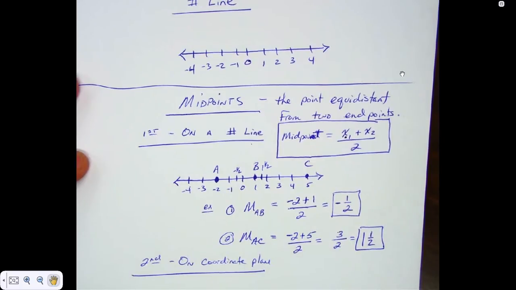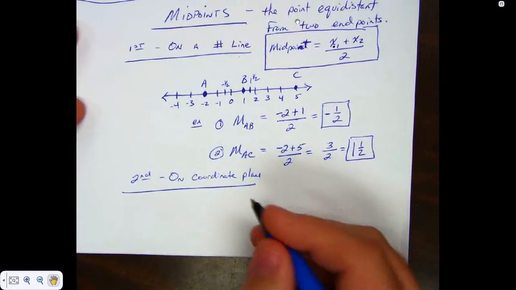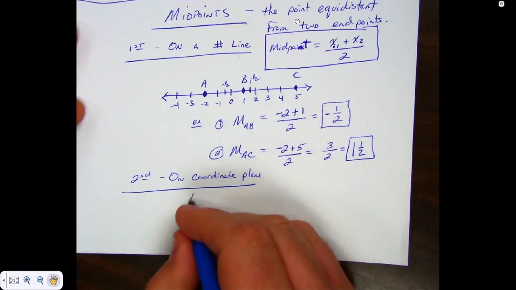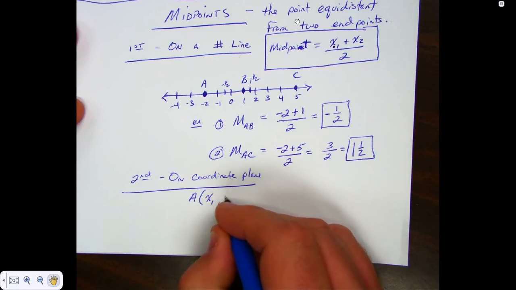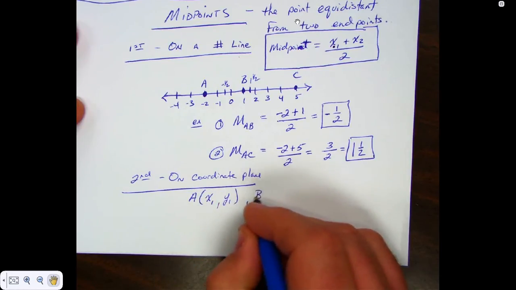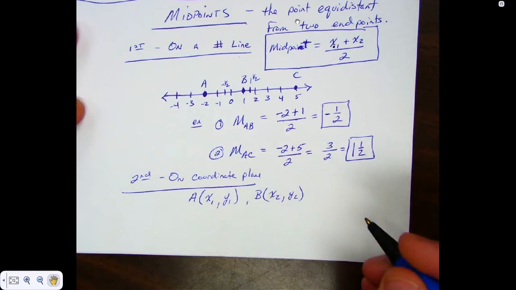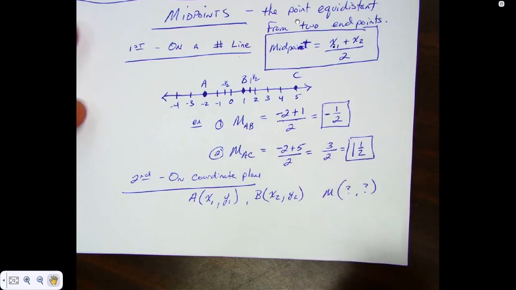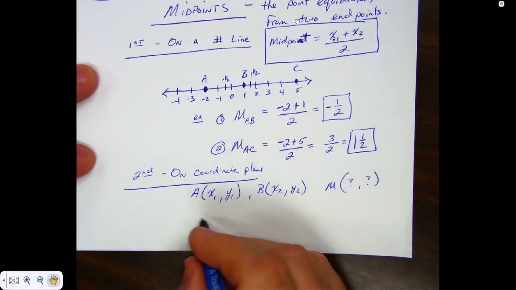Second, on the coordinate plane. Let's say the coordinates of A are x1, comma, y1. The coordinates of B are x2, comma, y2. The coordinates of our midpoint would be what? Well, here's how it works.